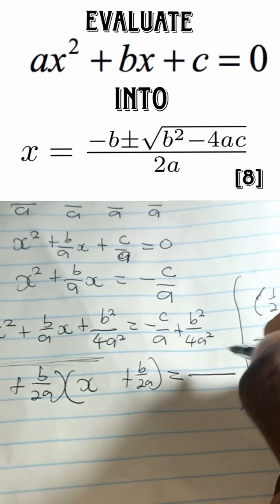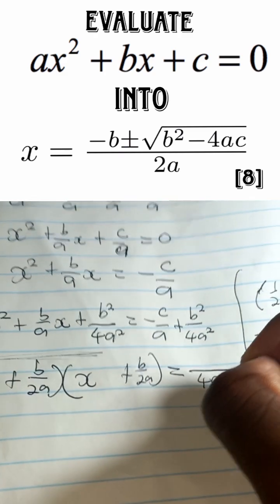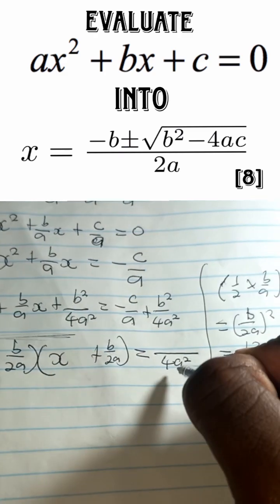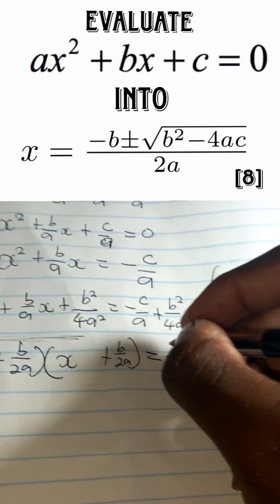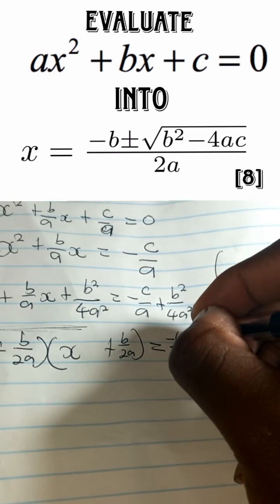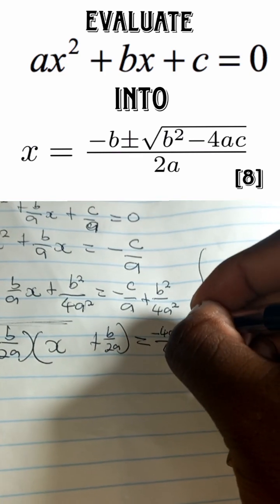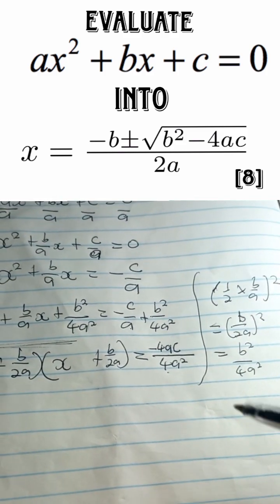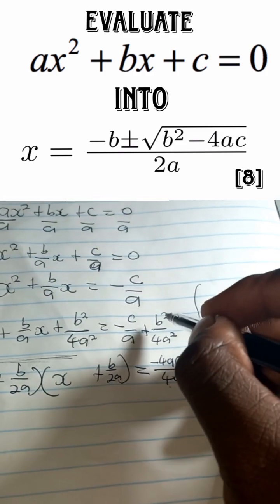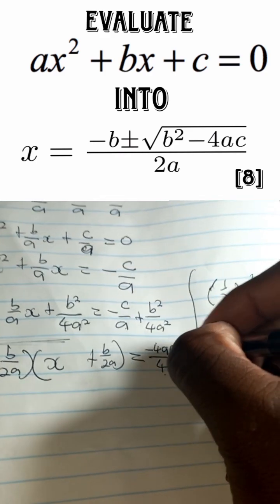Now let's come to this side. We take the common denominator 4a squared. This one goes into 4a squared how many times? It's going to cancel a, and we are left with minus 4a times c, which is 4ac. Then this one goes once, so we are left with plus b squared.